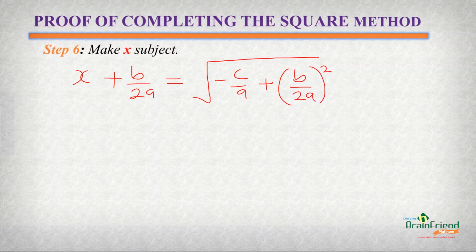That was where we stopped. So to make x subject, first thing we need to do is subtract b over 2a from both sides.